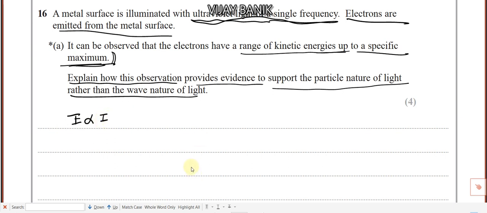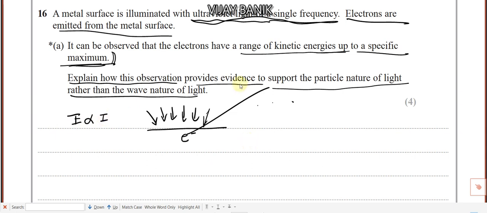So the more intense light hits the metal, the more energy the electron can gain, and the electron can eject with any amount of unlimited kinetic energy, because there is no specific value the electron can absorb. The electron can emit itself anytime it wants. All it has to do is just absorb energy.